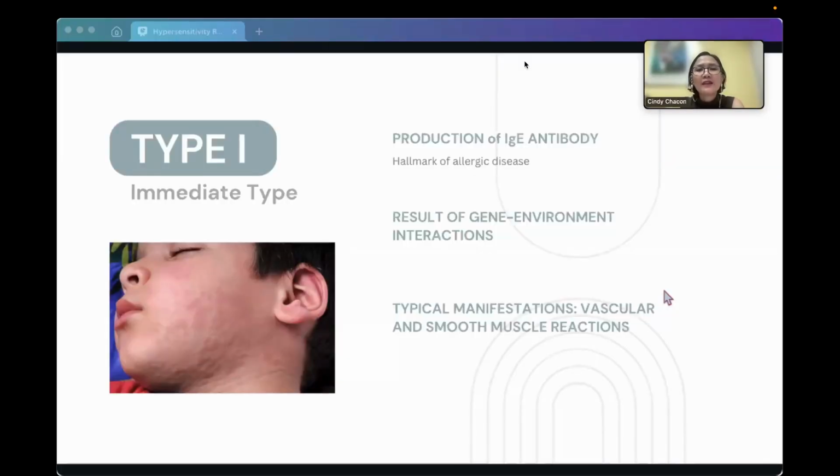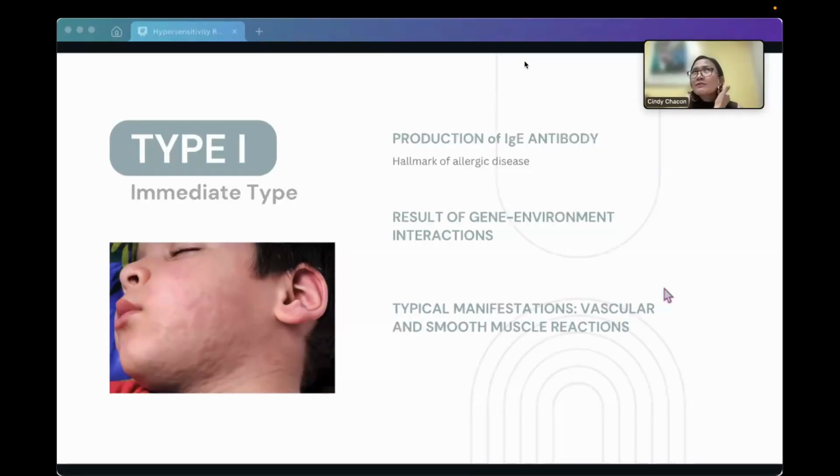The development of allergies is the result of complex and poorly understood gene-environment interactions. So there is a genetic predisposition in the development of allergies, it runs in families. And at the same time, there are also various environmental factors such as your exposure to allergens and microbes, which also influences the propensity to develop allergies.